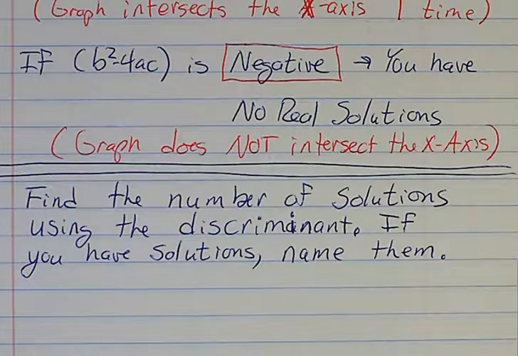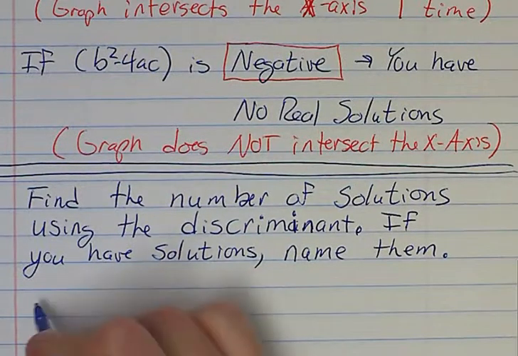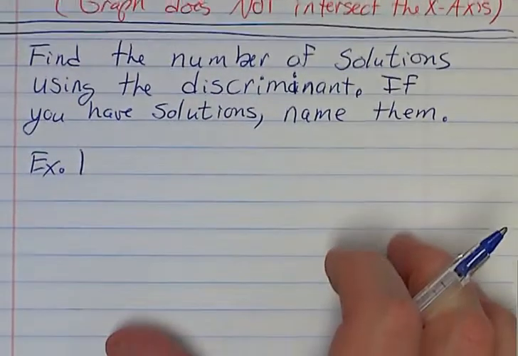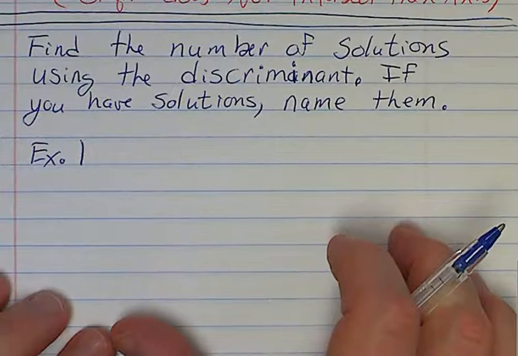Okay, and we'll do 3 or 4 examples of this one just so you can see how it works, and just keep playing around with the discriminant. And we'll work on the square roots a little bit at the same time too, so it's working on all the parts and pieces over here.